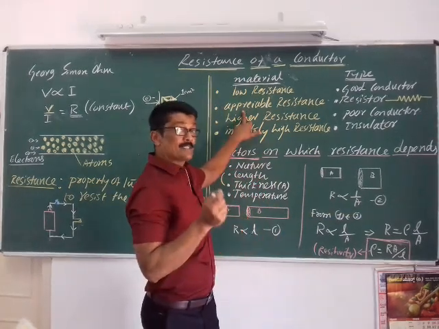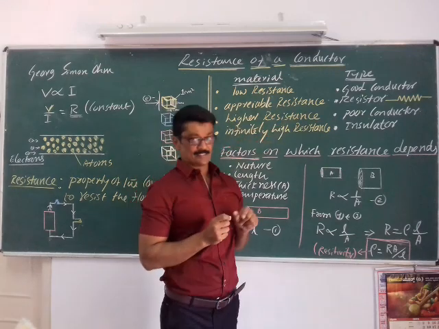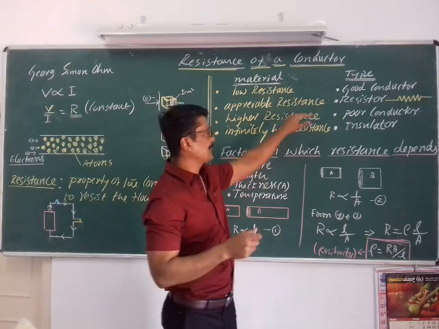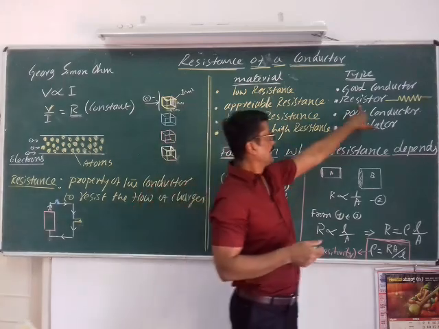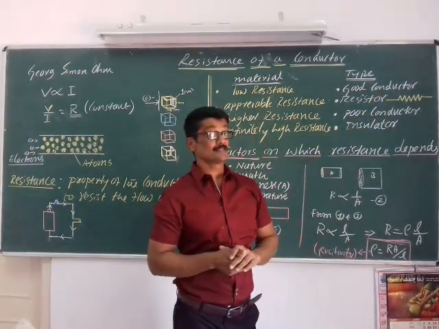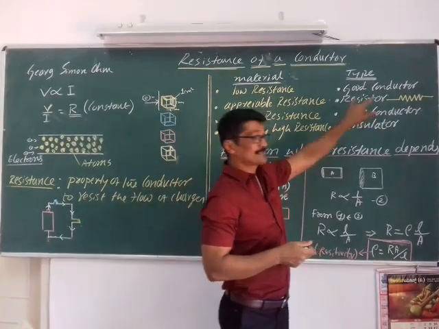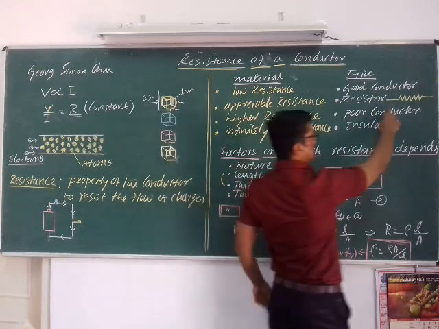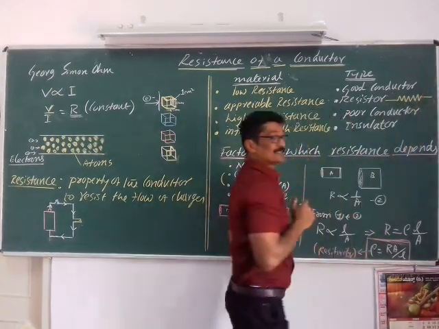A material with appreciable resistance, here it is low, it is appreciable resistance, having some level of resistance, and they are called resistors. So resistor is a material having appreciable resistance. It is represented by this symbol.